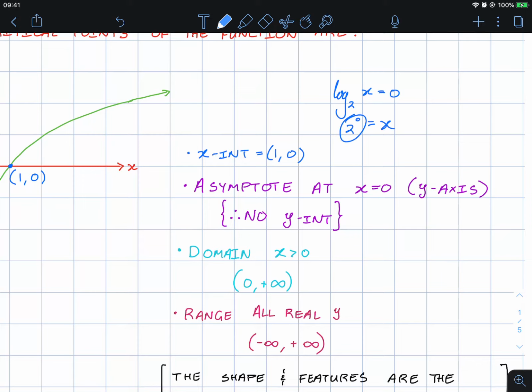Well, anything to the power of 0 is 1. So if we let y equal 0 in this case, x will always be 1. And this is true for any base.